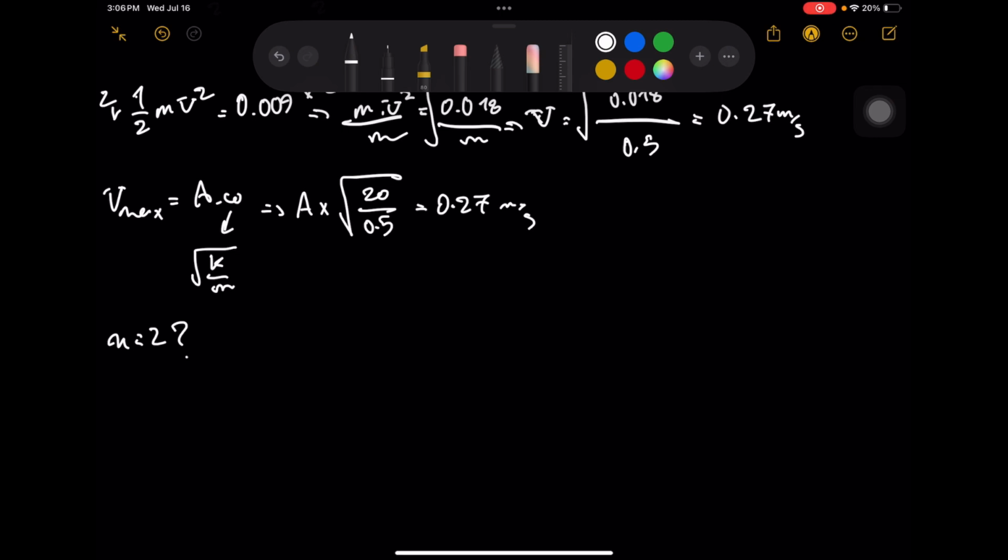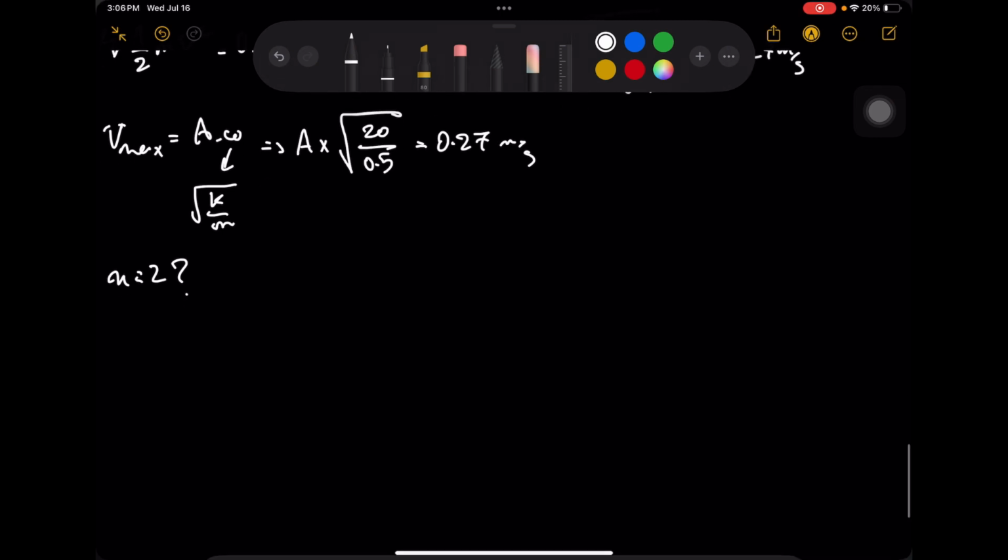Now it says, what is the velocity at x equals 2 centimeters? There's another formula, which is v equals the square root of k over m times A squared minus x squared.